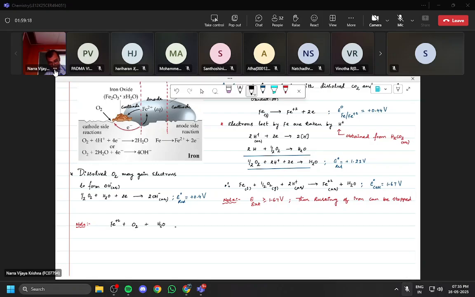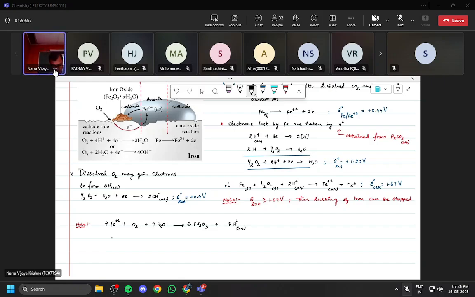I am adding this reaction and this reaction. So what do we write? Fe with O2 gives rise to Fe2O3 plus H plus. Those are 6, so I will write a 4 here. Here the 4 means the reaction got balanced.